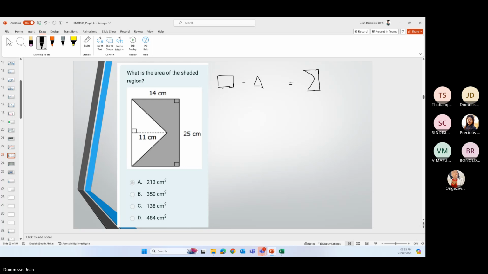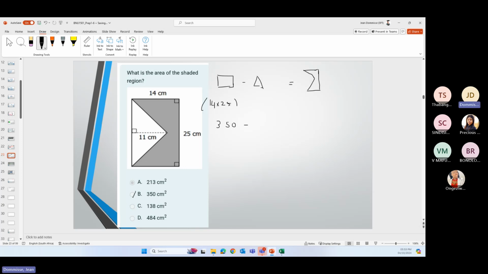So the square or rectangle, 14 times 25. So 14 times 25 is equal to 350. Okay, so already I am looking at this and I'm going to subtract something.